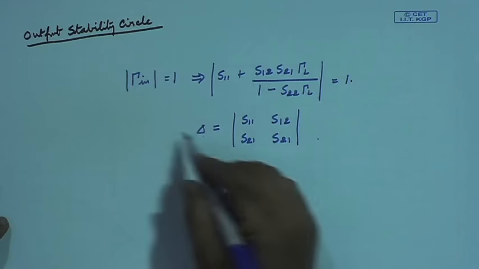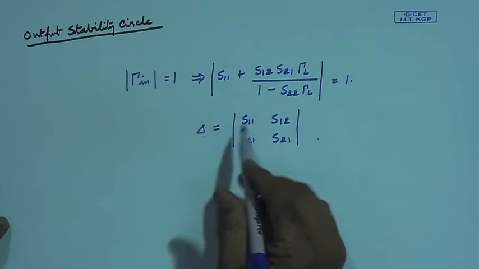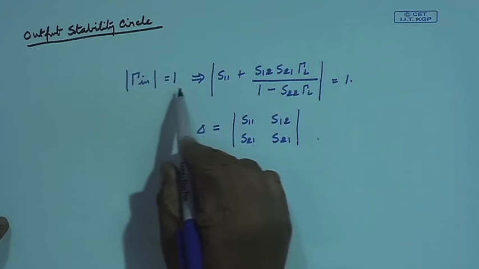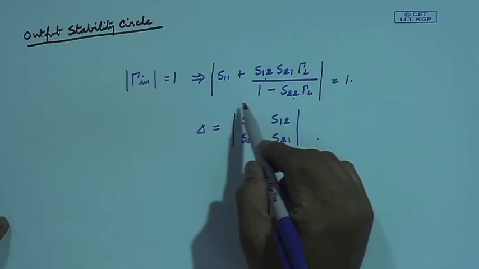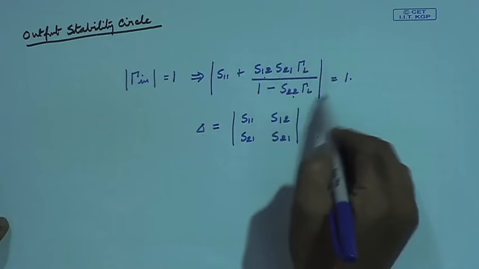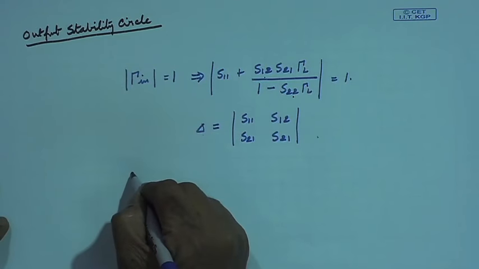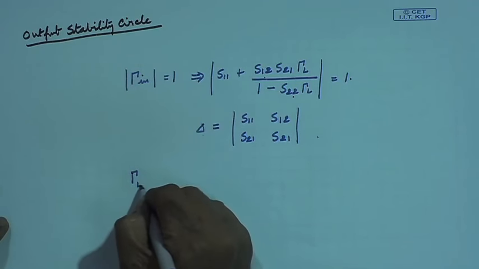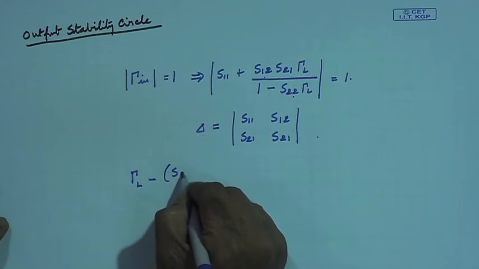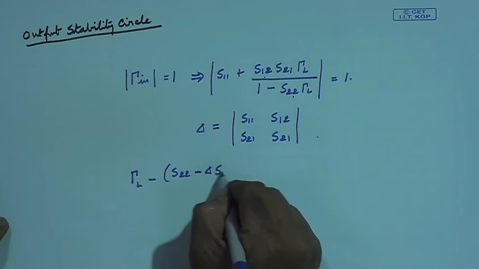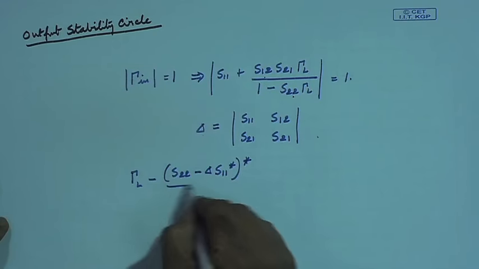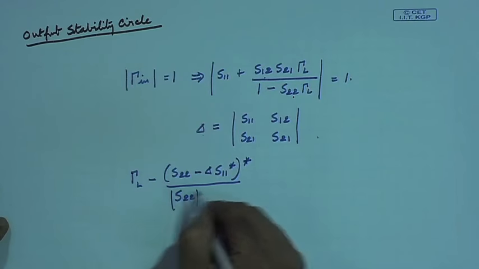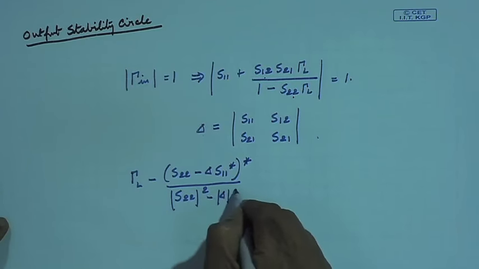If we manipulate this, because you see this is one equation where S11, S12, S21, S22 are known quantities and gamma L is the unknown quantity, we can solve for gamma L, and that gives gamma L minus S22 minus delta S11 star, whole thing star or conjugate, divided by magnitude S22 square minus magnitude delta square.